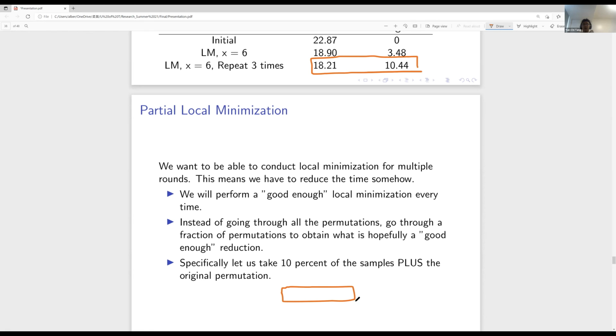And at that point, I'll hopefully be able to do a decent enough shuffle while spending way less time on it. So I'll be able to shuffle it again and again. The reason I'm going to be able to shuffle it again and again is because now I'm only checking 10% of the permutations, which basically takes 1/10 of the time.